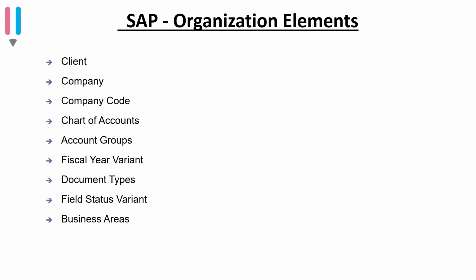So whatever fields you don't want to display on that screen, you can hide them. Some fields you can make required entry, or some you can make optional entry. To control all these things, we have the field status variant in SAP, which controls all the fields displayed on the screens of the SAP transaction processes.